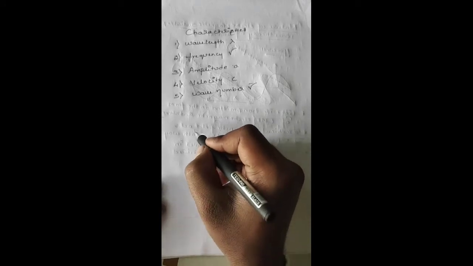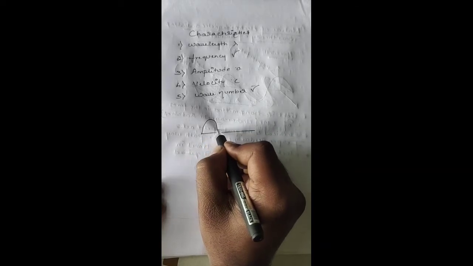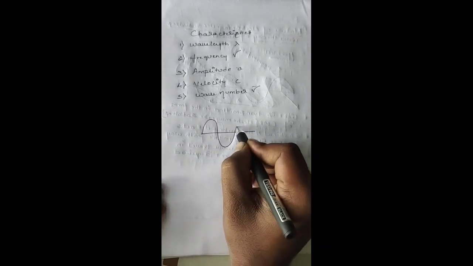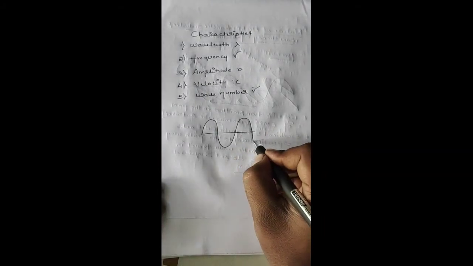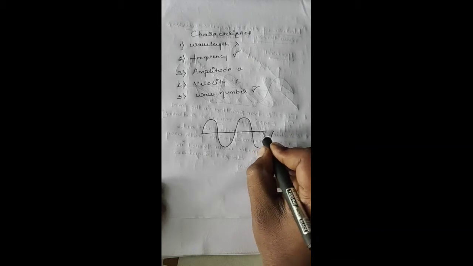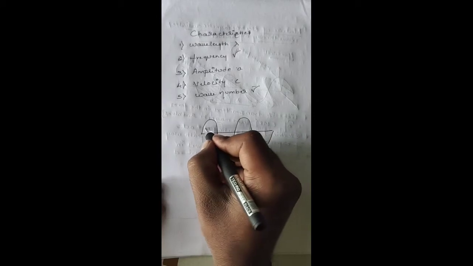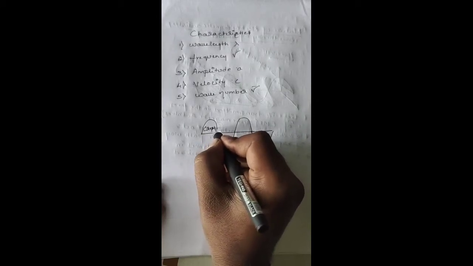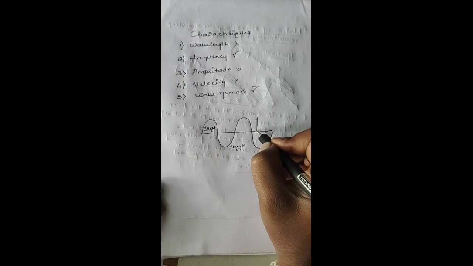If you draw one diagram, for example, I am taking a small diagram to help you understand. This is the crest. This is the trough. You see, the amplitude is this: how much the wave is increasing.